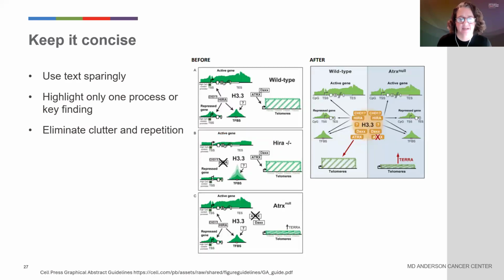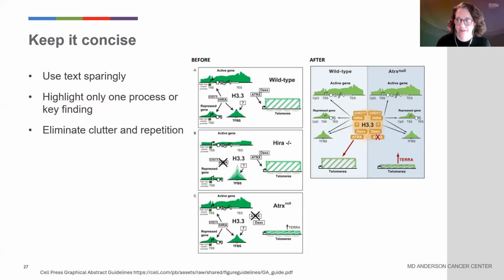And my last piece of advice is to keep your visual abstract concise, just like your written abstract. So these examples are from the Cell Press guidelines, and the before abstract is what the authors submitted, and then the after is the revised version that Cell's graphic designers fixed. So you can see some of the things they did here.